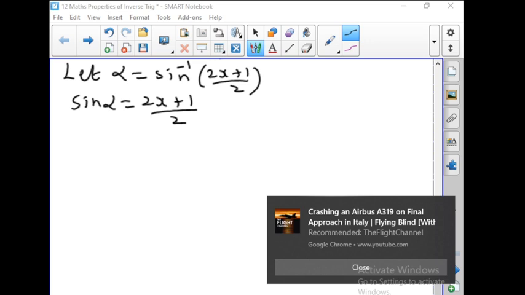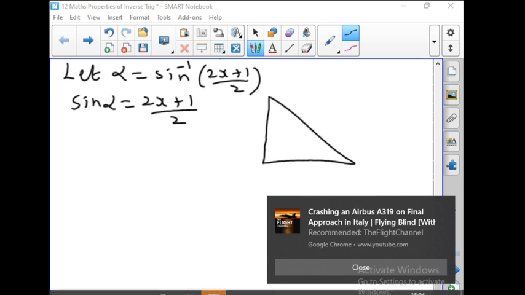We can put it in the triangle. This is 90 degree and this is alpha. We know sine is opposite by hypotenuse. So opposite is 2x plus 1, and hypotenuse is 2.